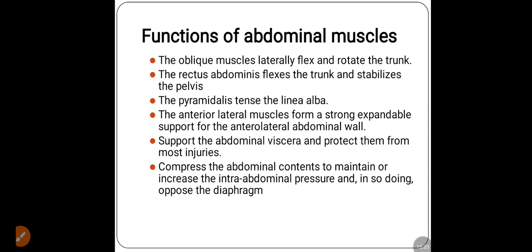During deep inspiration, the muscles relax and the diaphragm descends, so it increases the vertical diameter of the thorax. During forced expiration, such as in cough and labor, the muscles compress the abdomen and push up the diaphragm.